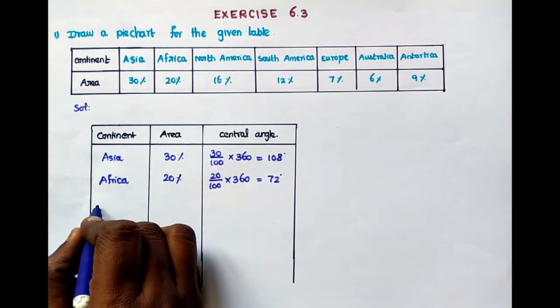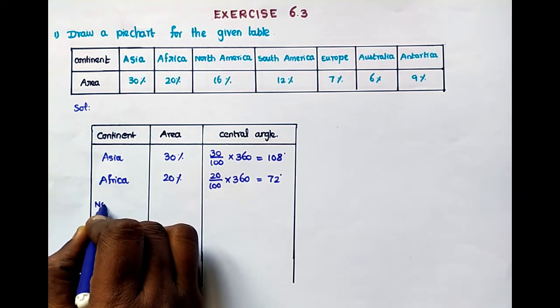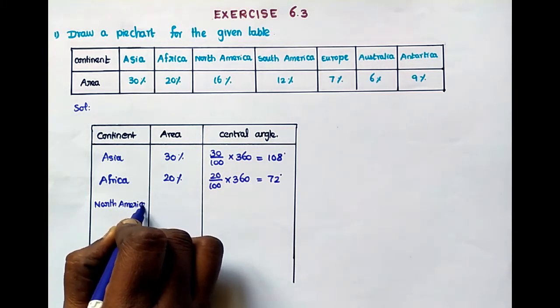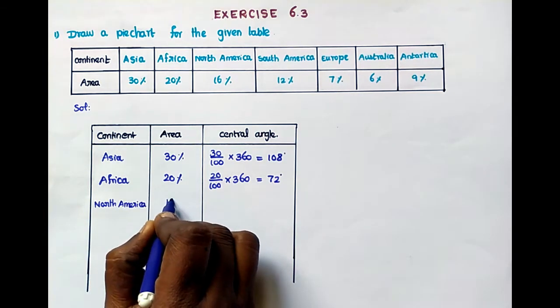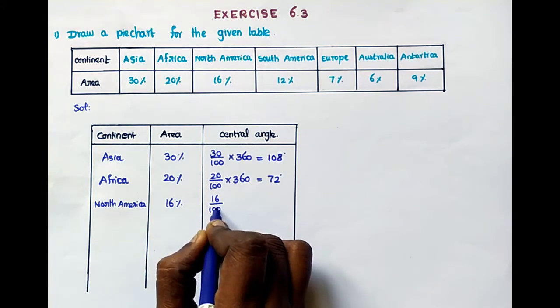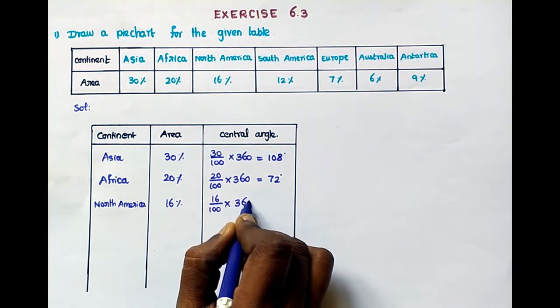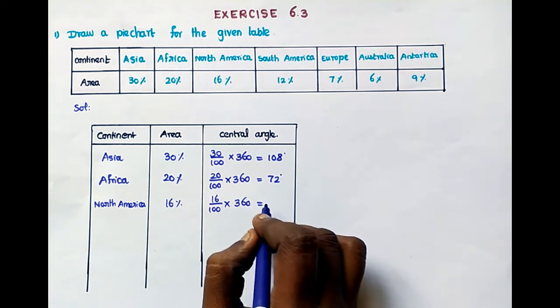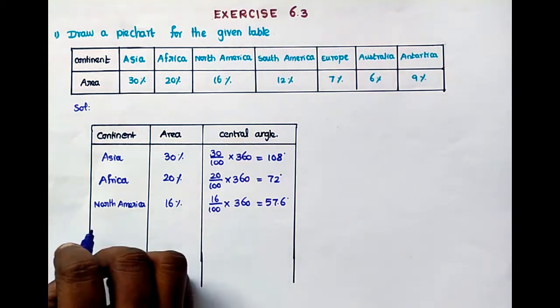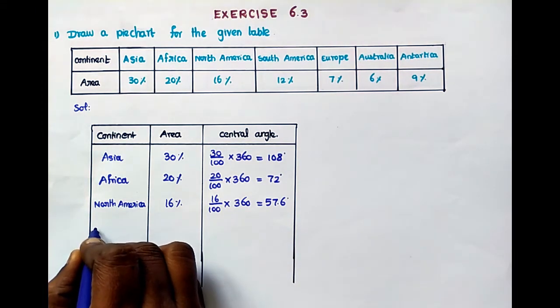Next one, North America, 16%. 16 divided by 100 into 360 equal to 57.6 degree.